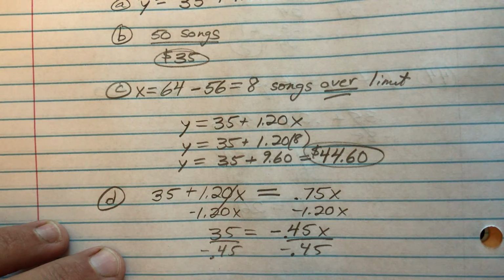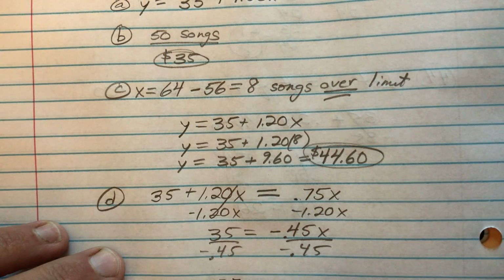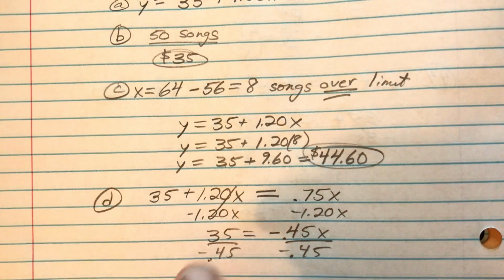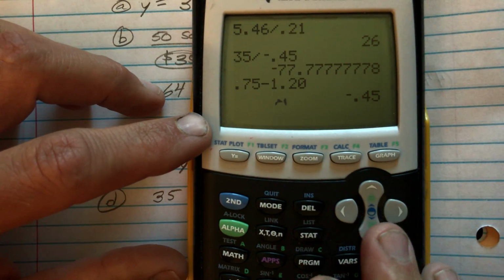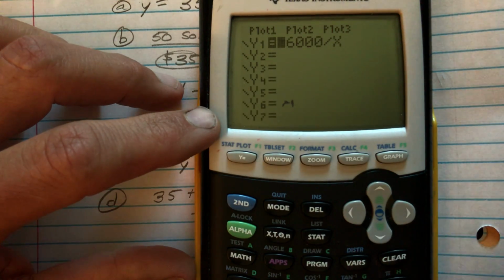We get negative 77. What we could do here to double check this, let's check this out.